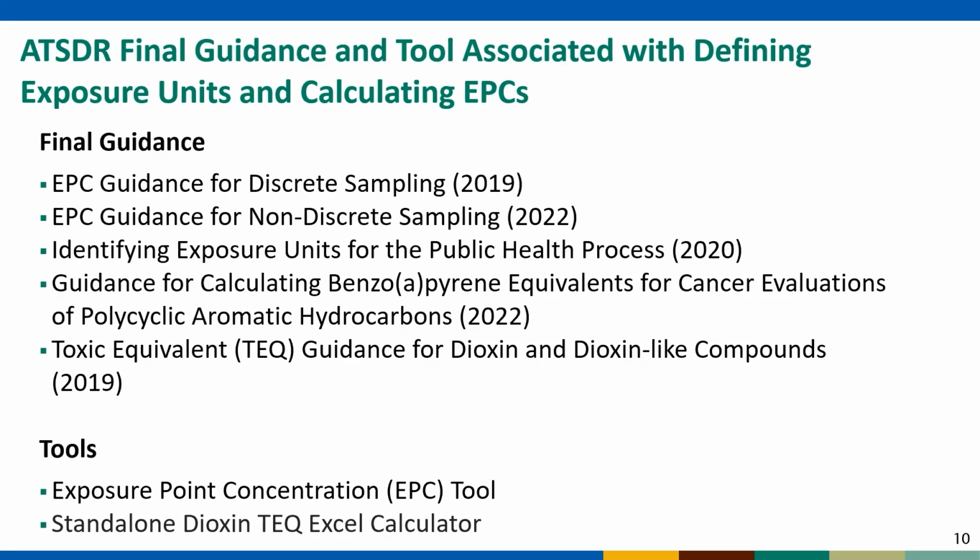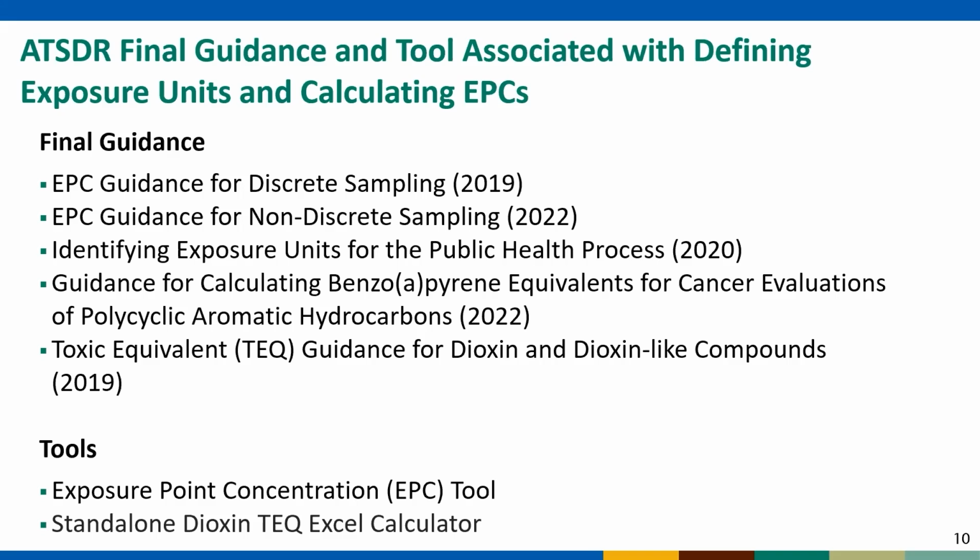You may remember that as composite or incremental sampling approaches. In addition, ATSDR has guidance on how to calculate an EPC if your site has a mixture of polycyclic aromatic hydrocarbons, or PAHs. Also, ATSDR developed an EPC tool that calculates EPCs to be used in FAST.